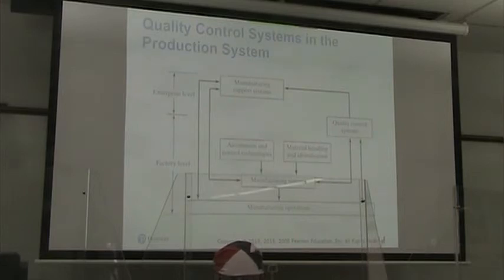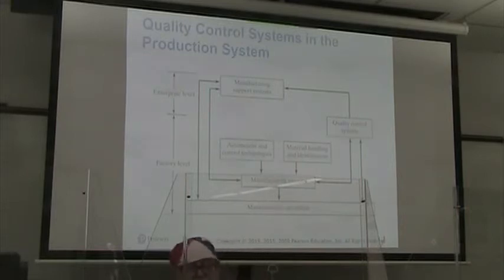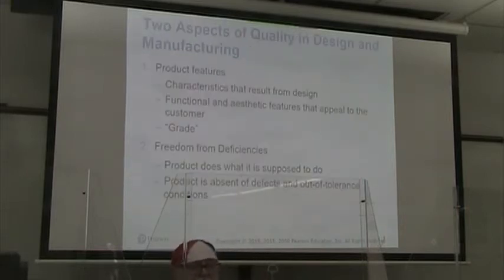So, this shows how our quality control systems fit into the overall production scheme. All right, so when we think about quality, there are 2 aspects.